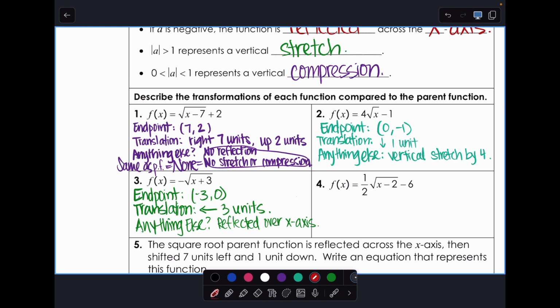So I know that you actually thought it through and you know that there's no change to the amplitude of the curve, or there is a reflection, or a stretch vertically, or a compression vertically.